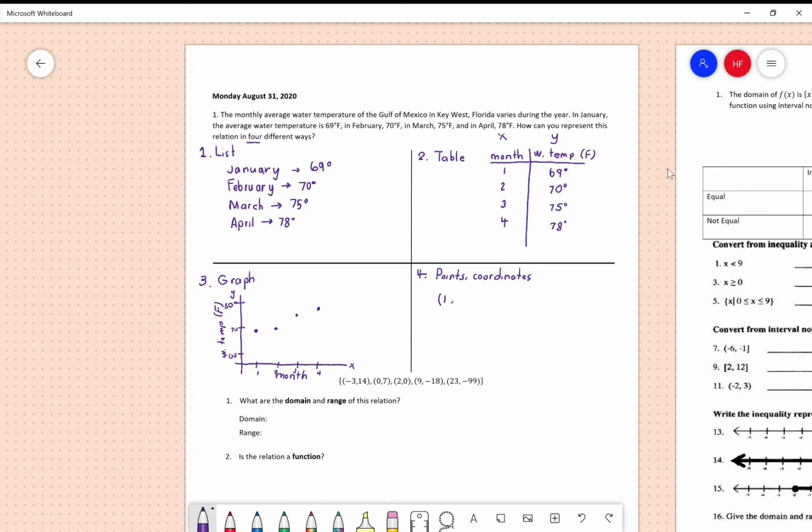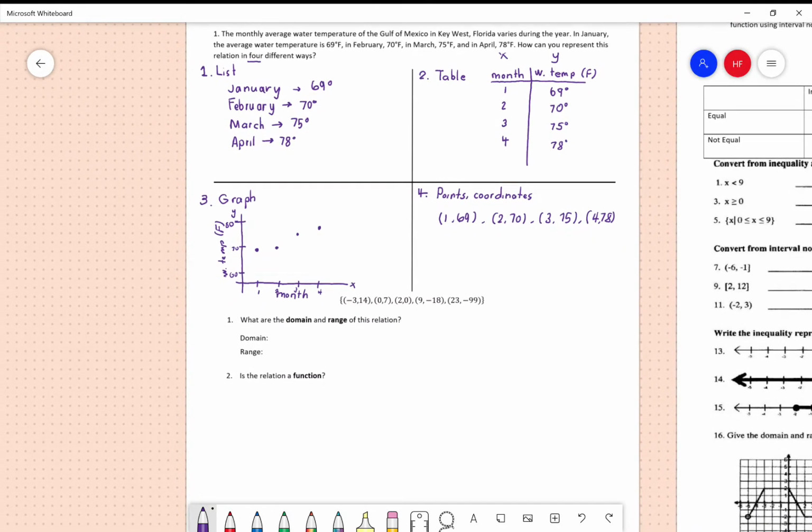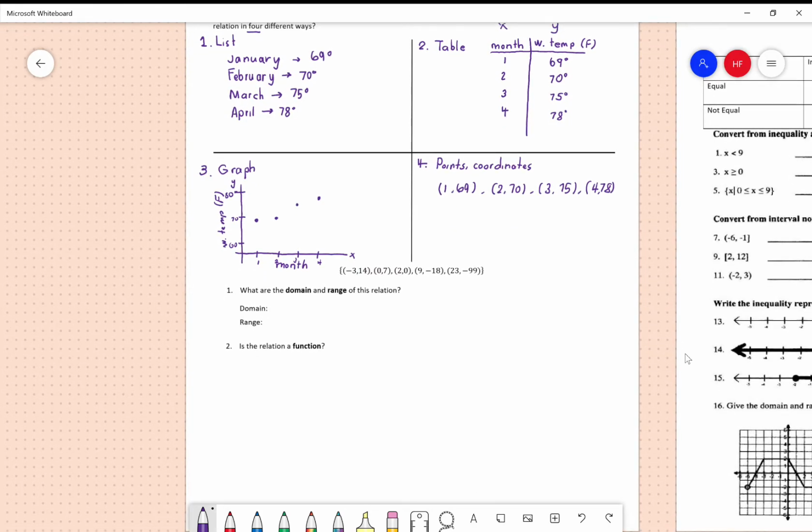We've got 1, 69, 2, 70, 3, 75, and 4, 78. So these are 4 different ways that we could represent the relation. So here, this should be separated. We've got this list of points. So we've got this set. Anytime you see this right here, it's called a set.